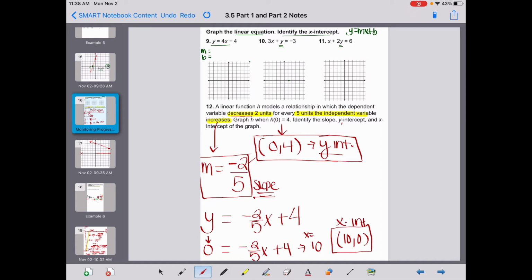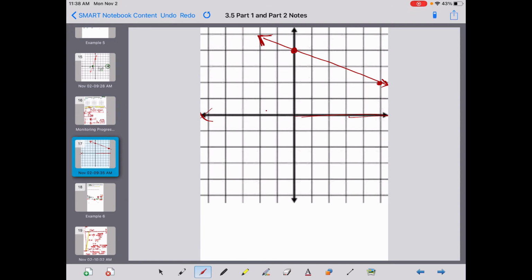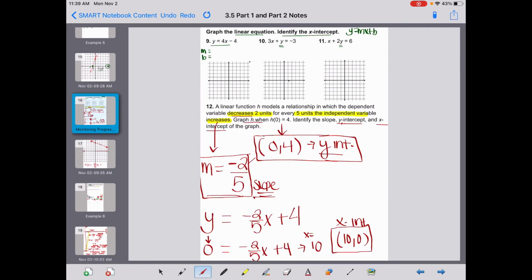Okay, so now we have our y-intercept, our x-intercept, the slope, and let's go ahead and graph it just to visualize it and rewrite it in the function notation they want because it says h. So back to my graph, h of x is equal to negative 2/5 x plus 4.